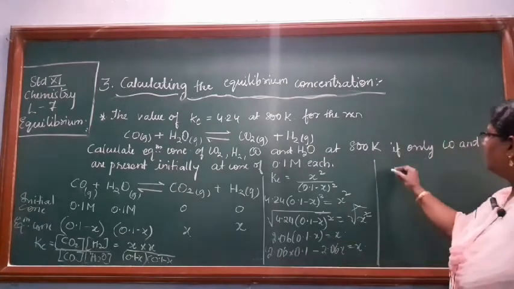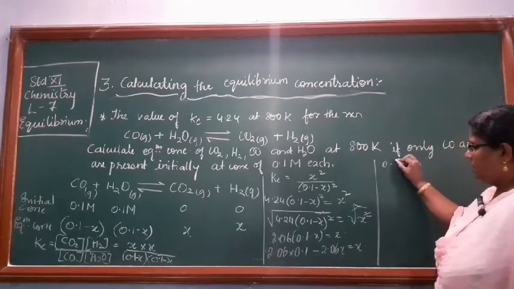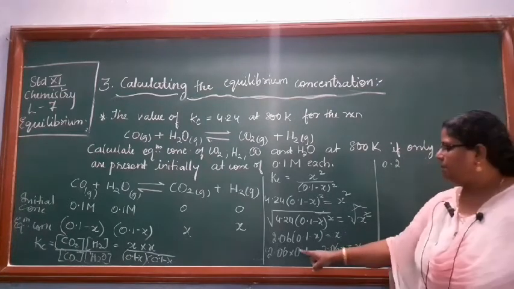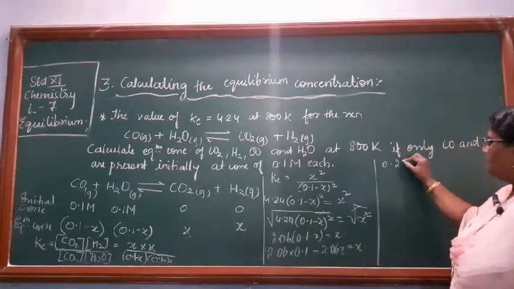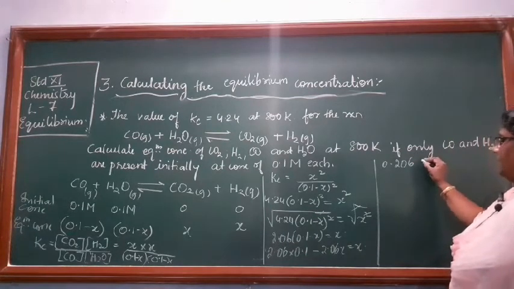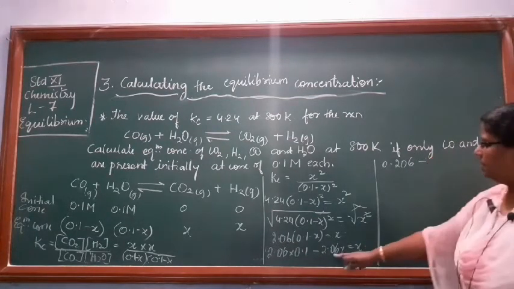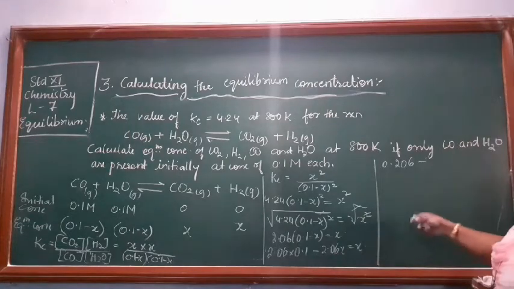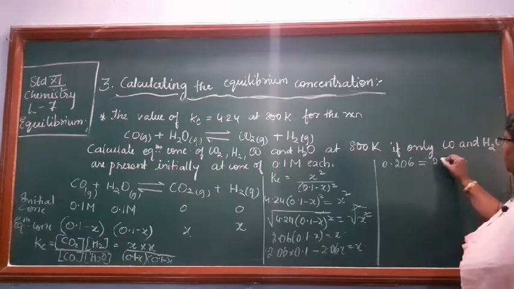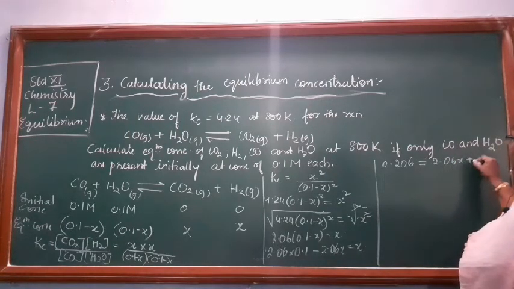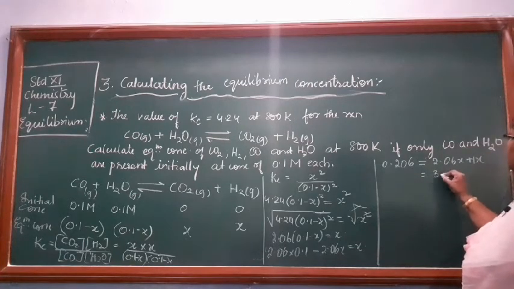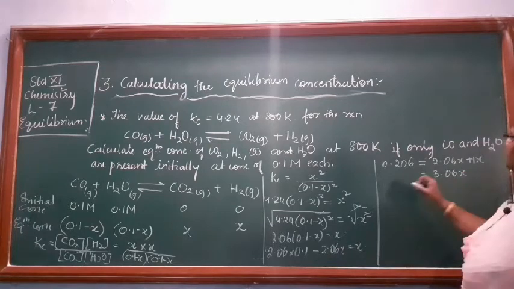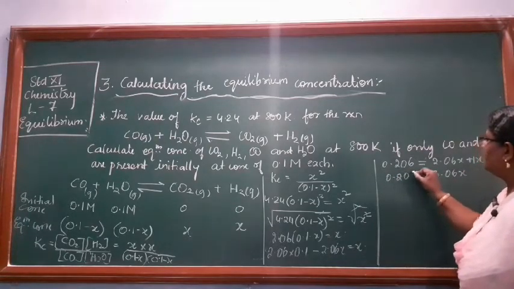Now this will become what? 0.2 है ना, ये point shift हो जाएगा to the left, 0.206. This minus 2.06x I take it to the other side, so I have 2.06x plus x. ये 1x है ना, so this becomes 3.06x equals 0.206.